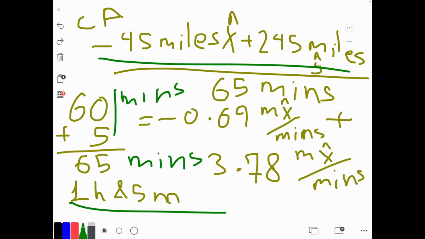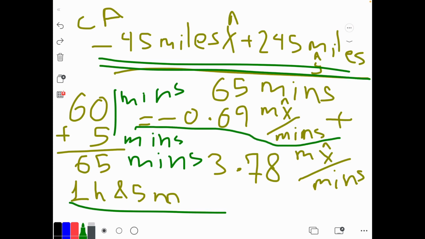Now that I divide the whole thing by 65 minutes, I'm going to get negative 0.69 miles x hat per minute. The same happens when I do the y hat, so I'm going to have plus 3.78 miles y hat per minute. So that's how I get the velocity for Charleston and Atlanta.